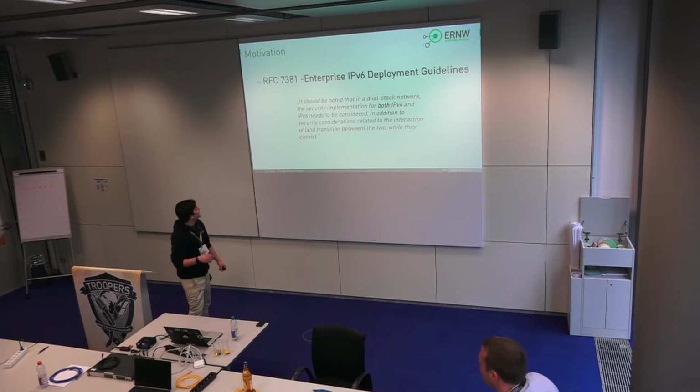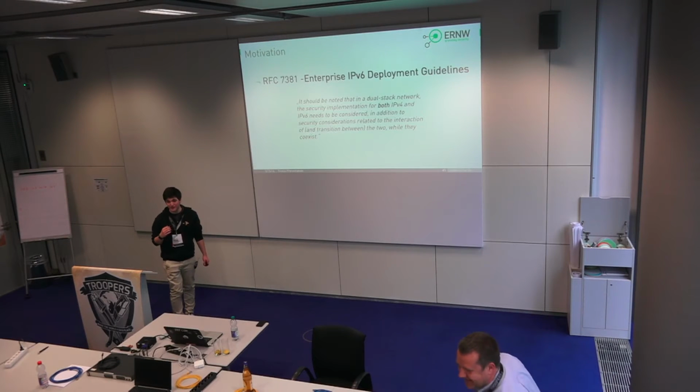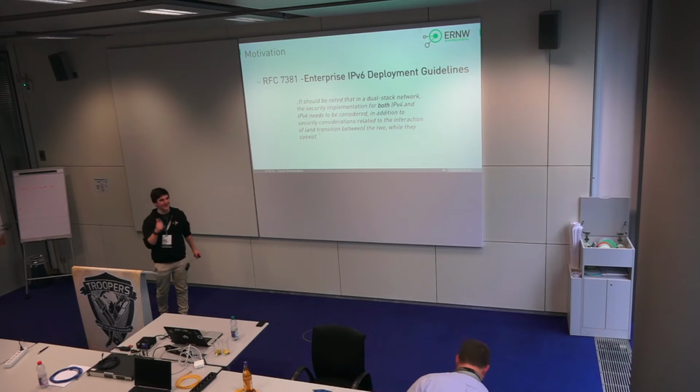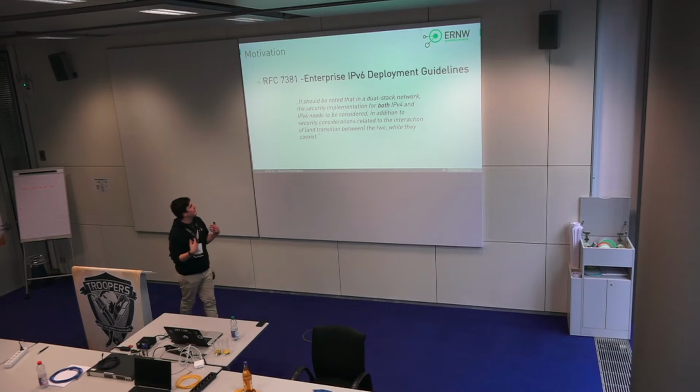So it says that it should be noted that in dual stack networks, the security implementations for both IPv4 and IPv6 need to be considered. Well, this is an important fact. You not only have to do it for IPv4, but for IPv6 as well.